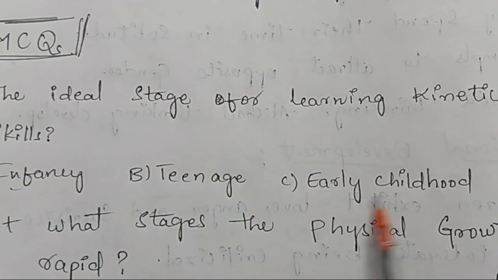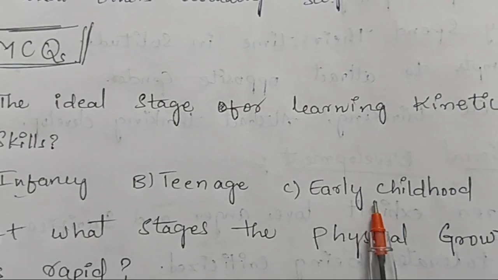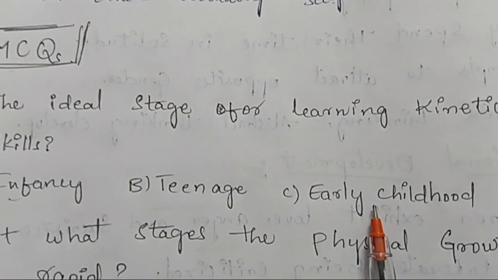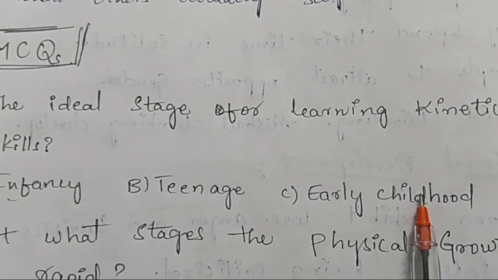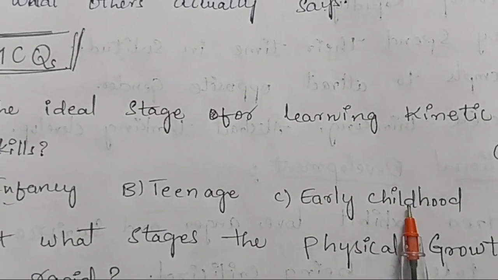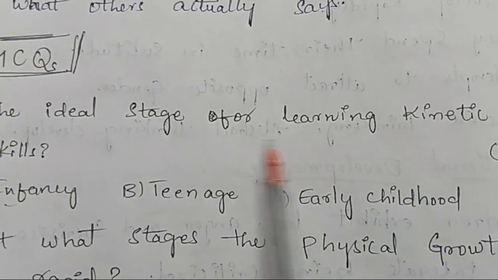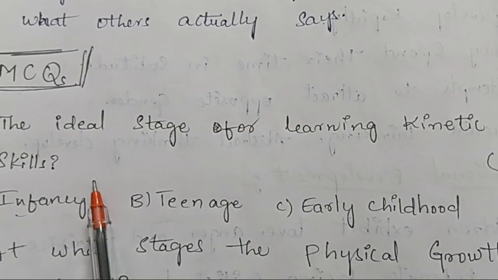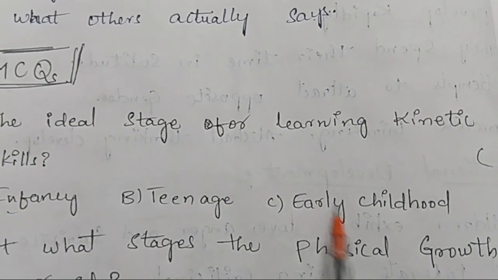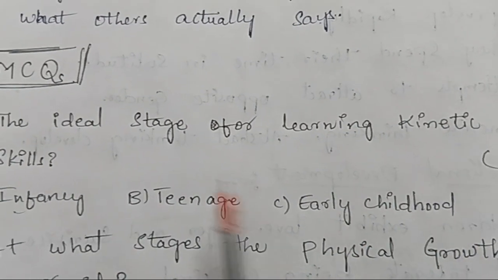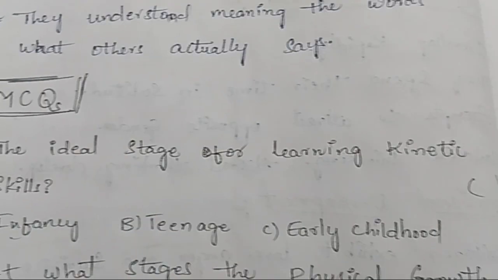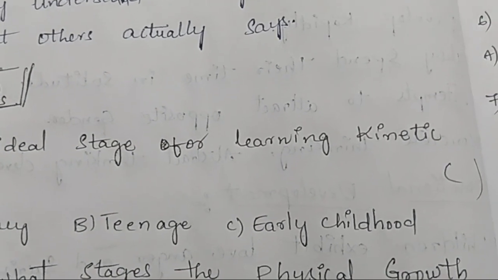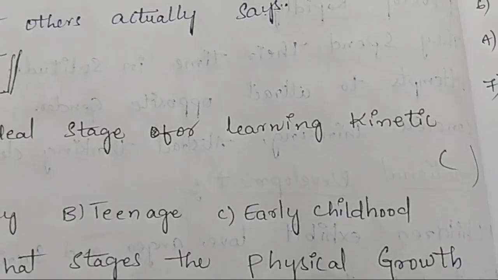So in early childhood, the child will develop his or her fine motor skills and gross motor skills, means they can learn kinetic skills. So, early childhood is the ideal stage for learning kinetic skills. Option C is the correct answer.